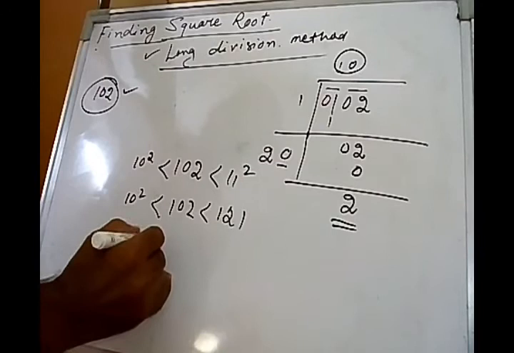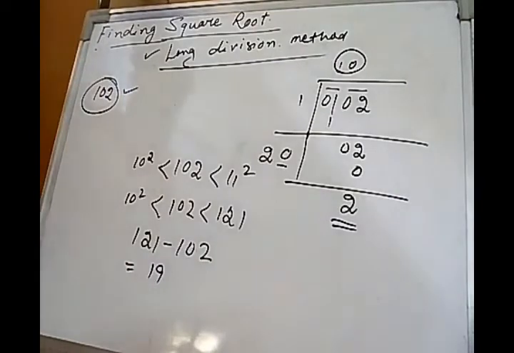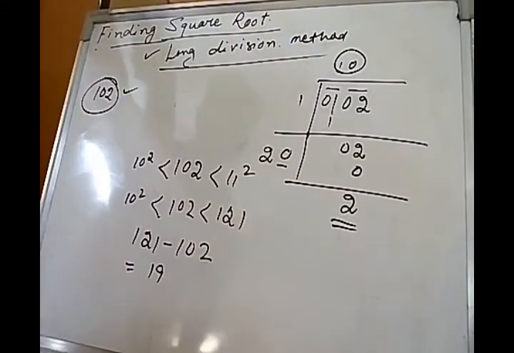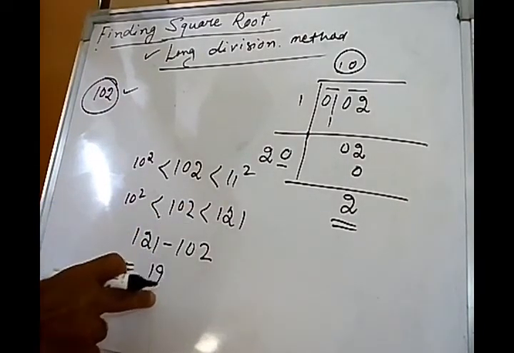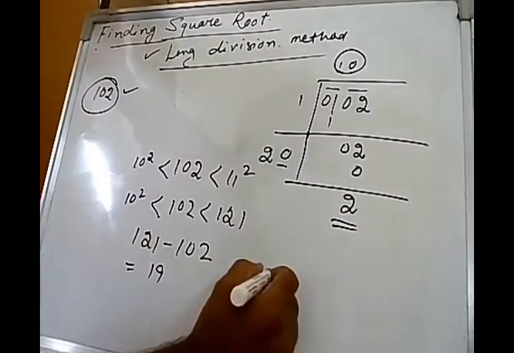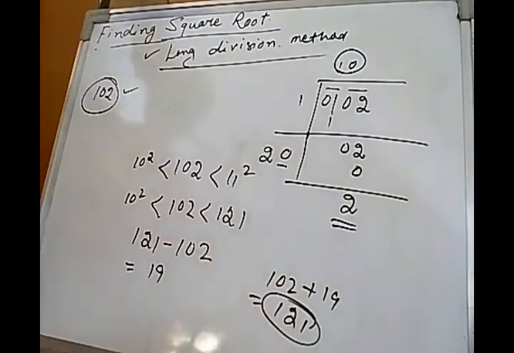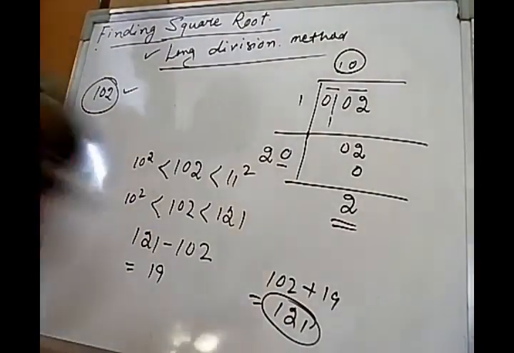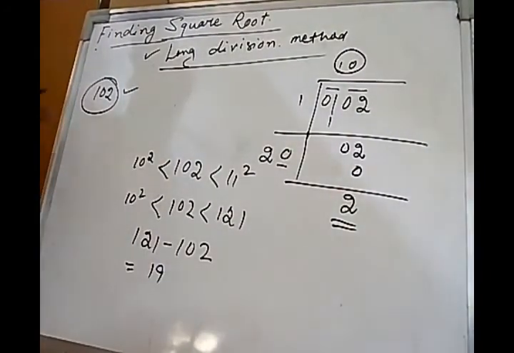So 10 square is below 102, and 11 square is 121. So from 121, how much is needed over 102? 121 minus 102 equals 19. Yes, it's 19. So 19 is to be attached. If you check, 102 plus 19 equals 121, and 121 is 11 square. So for adding the smallest number to 102 to make it a square number, it will be 19.